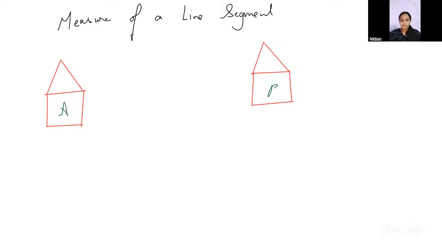Now there are two ways to move from A's house to B's house. First way is I will move directly from A's house to B's house. This is the one way.